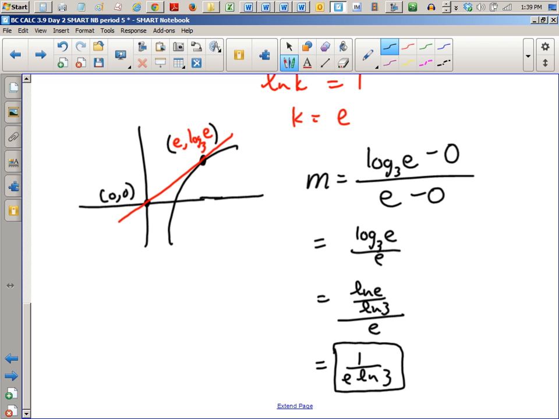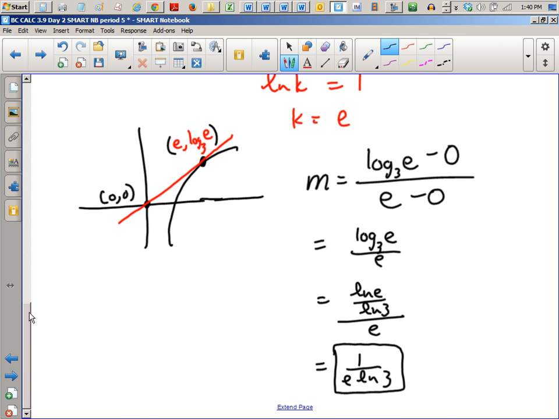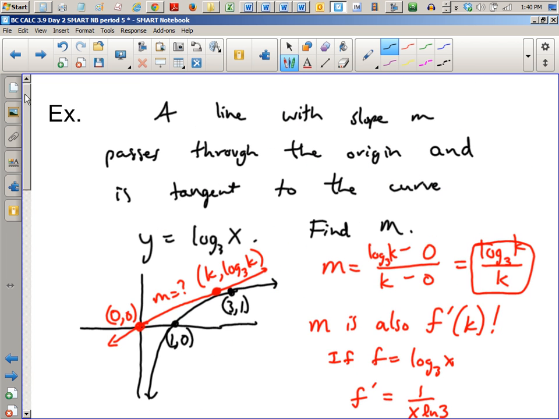This is a tough problem for many reasons. One of the reasons it's tough is because the way it was written was very generic. Like you just had to start drawing, and then you realize you don't even know this one point. It's like a missing point, so you have to make sense of it. So my general strategy on that was, let me just review it. I believed that this was the point k, log base 3 of k.